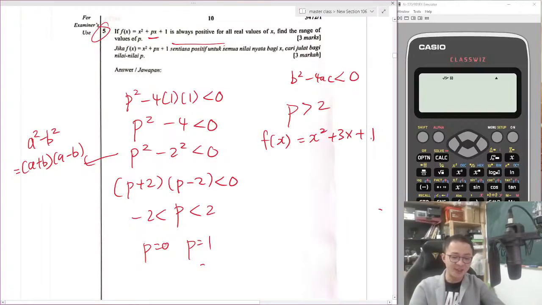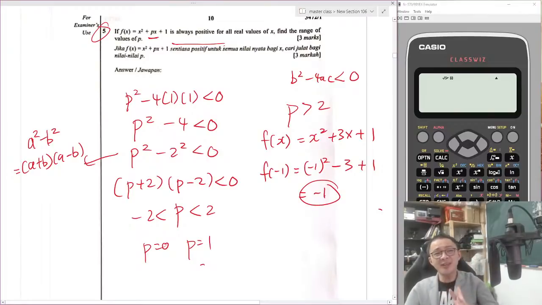Then you see, if I sub negative 1 into x here, I get negative 1 squared minus 3 plus 1, which gives negative 1. Do you see? If p is bigger than 2, I will get a negative value. This is the reason why I say p cannot be bigger than 2, because if p is bigger than 2, f(x) will not always be positive. So this is what they're trying to mean.